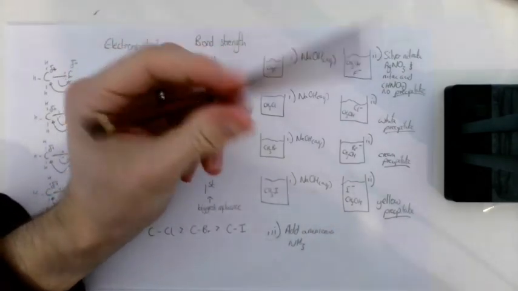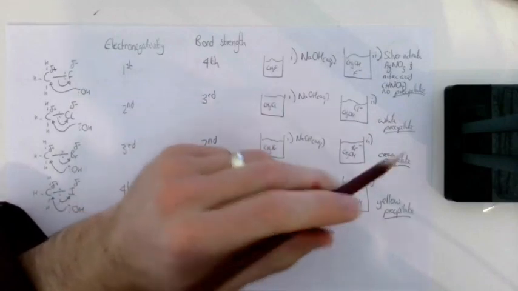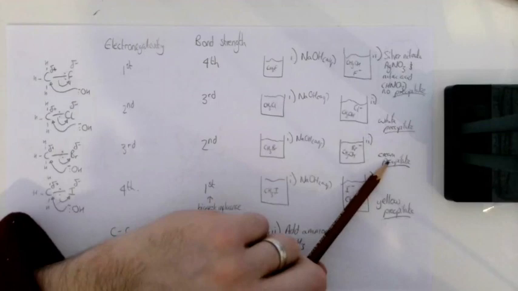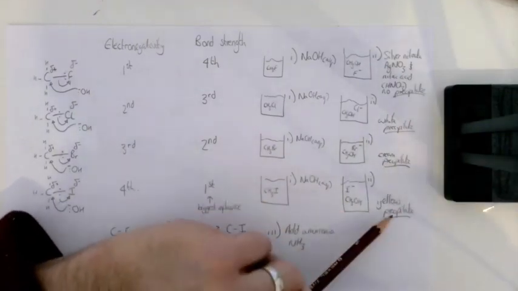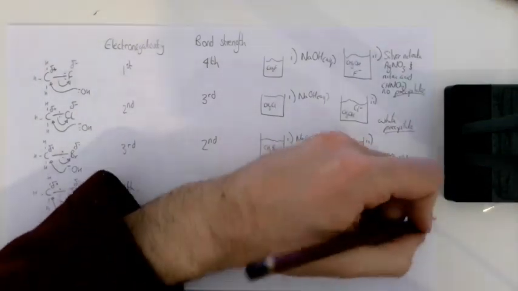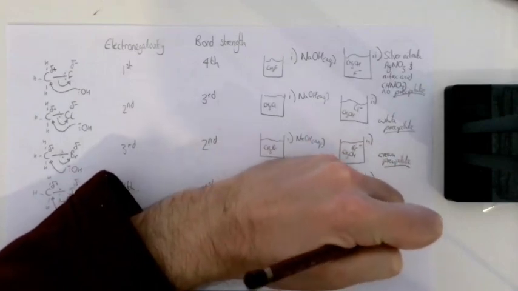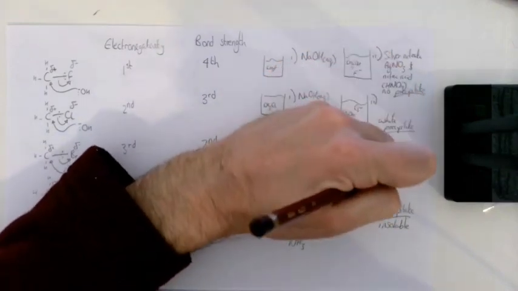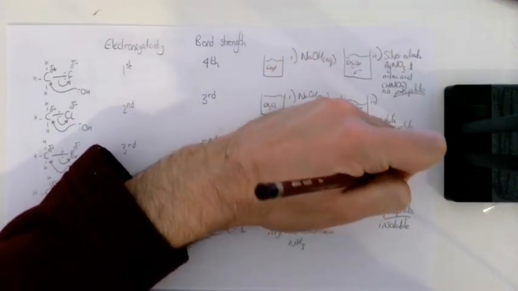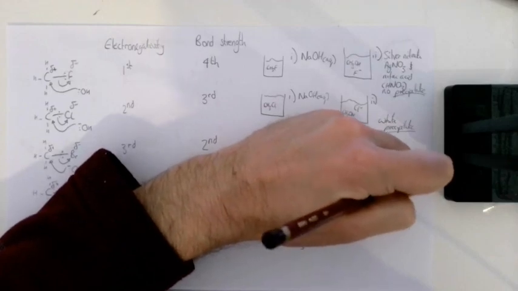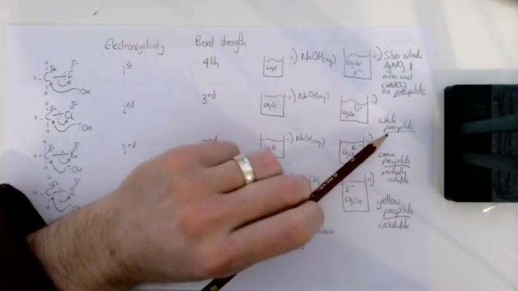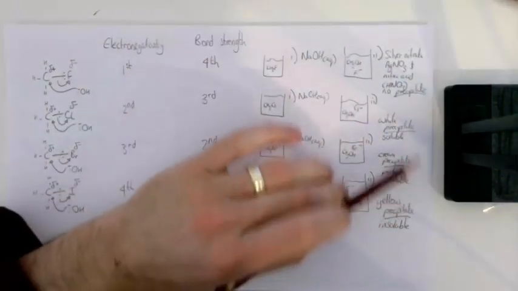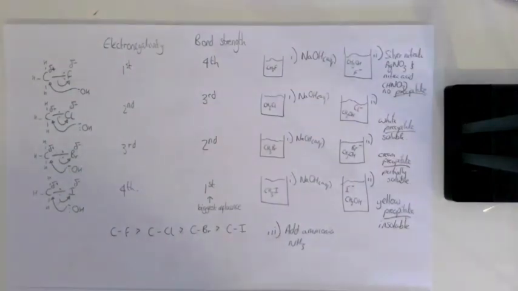If you were to add ammonia, the ammonia would be trying to dissolve these solids that get made, so the white precipitate, the cream precipitate and the yellow precipitate. The yellow precipitate, if I add ammonia, would be insoluble, so it would be impossible to dissolve it. The cream precipitate would be partially soluble, so some of it would dissolve but not really all of it. And then the white precipitate would be completely soluble in the ammonia. So that's sort of like a supplementary test that you can use.